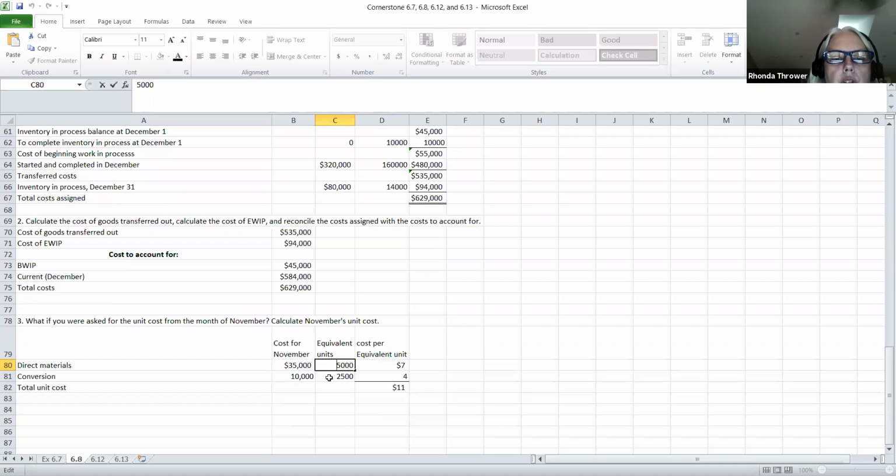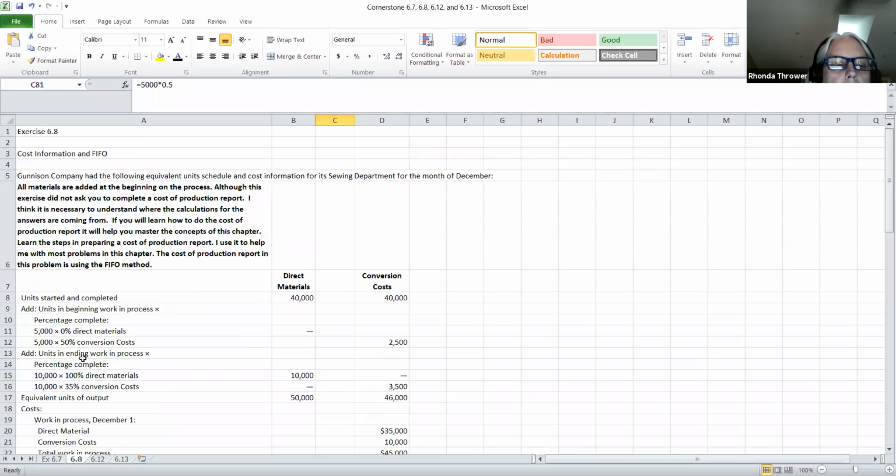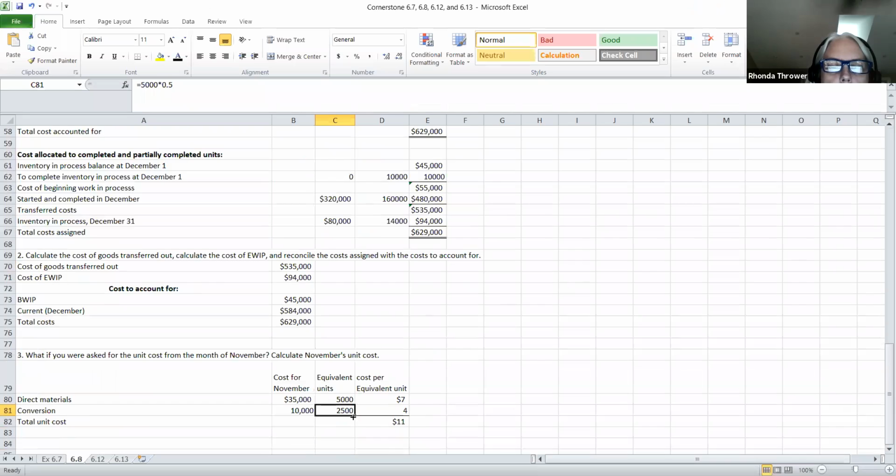For my conversion, I have to figure out how many units were finished with respect to conversion last month. And because they told us 50% was completed with respect to conversion last month, half of the 5,000 units were completed last month. That's 2,500.